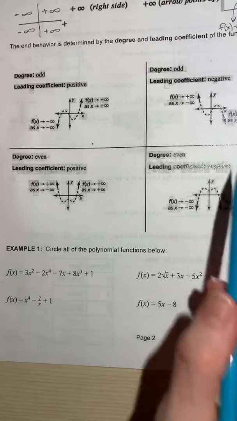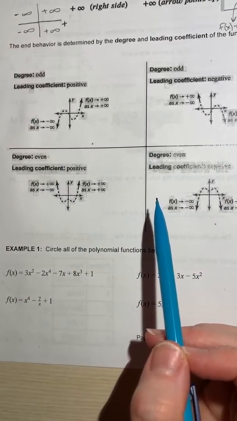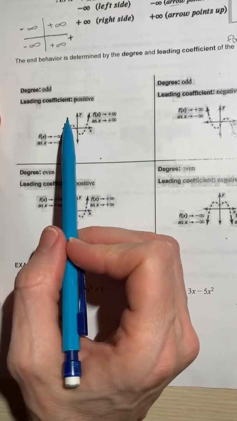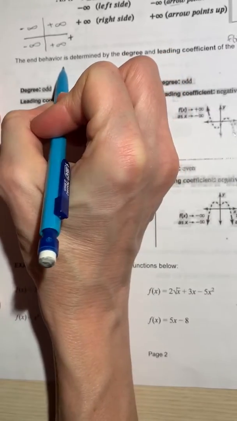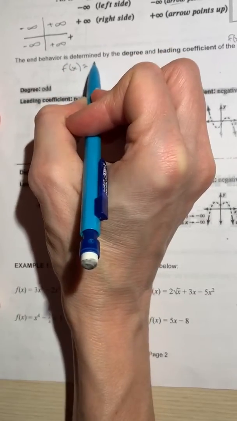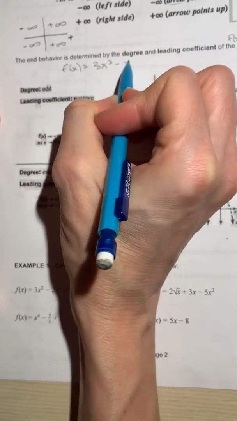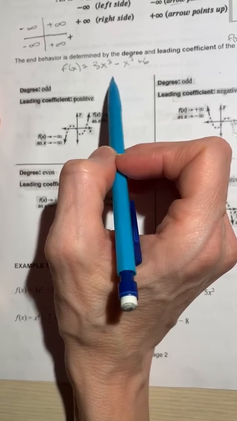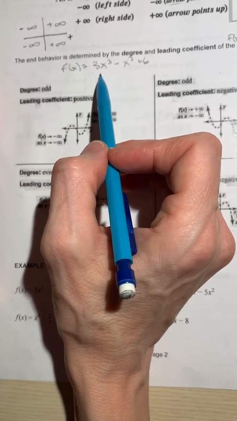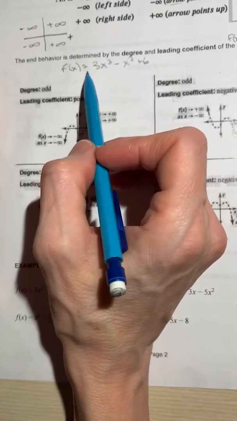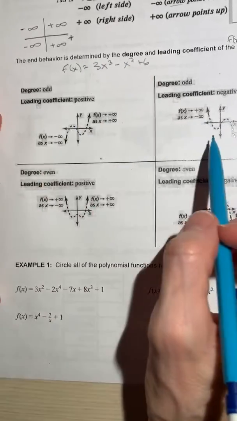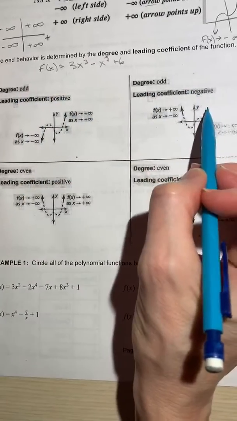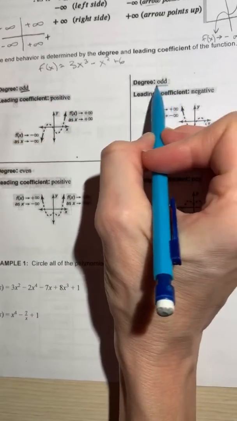So this talks about how you determine end behavior when you're given a function, something like f of x equals 3x to the third minus x squared plus 6. If I'm given a polynomial function like this, I can determine the end behavior just from the equation. Notice this top part of the chart has the degree is odd.